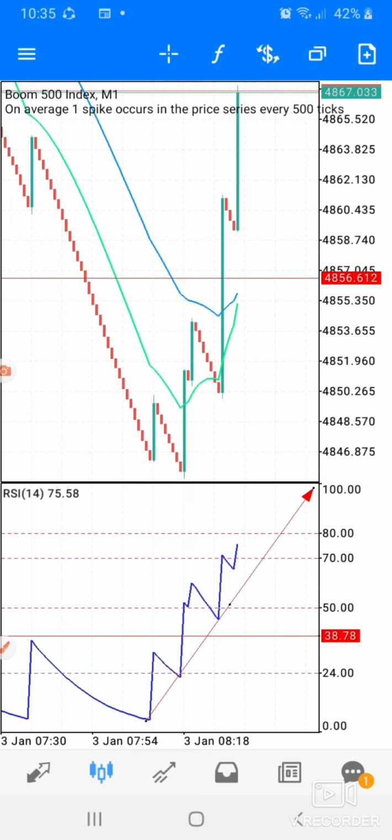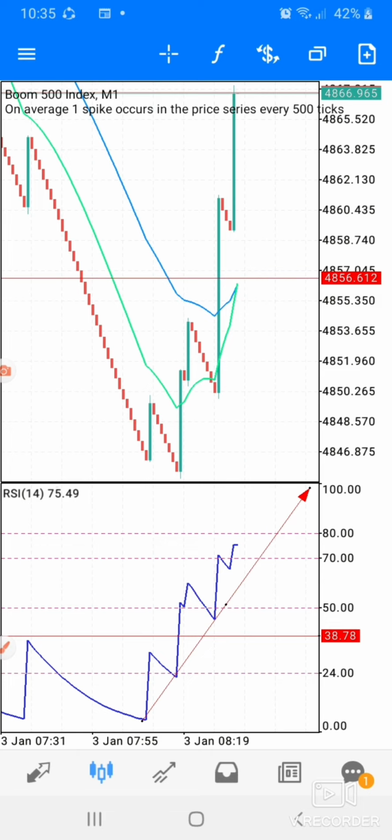When you're using this function of the RSI to identify the direction of the trend, if it's an uptrend or a downtrend, this normally works when the market is trending, like what is happening currently in boom 500. We can see that it's in an uptrend, and you'll be able to catch more spikes.